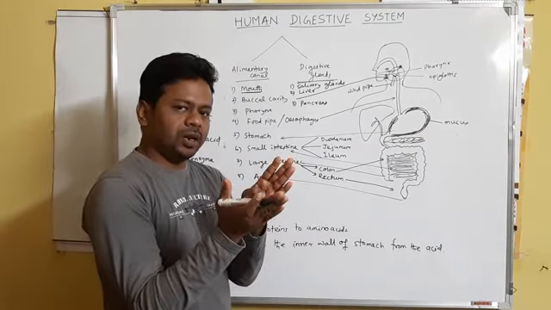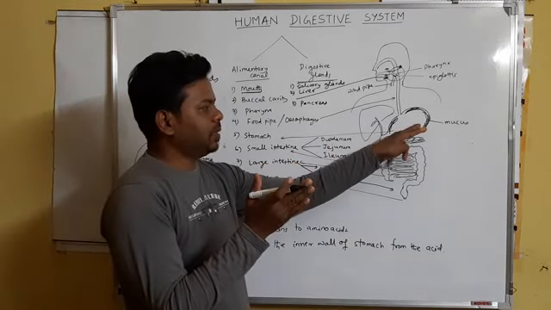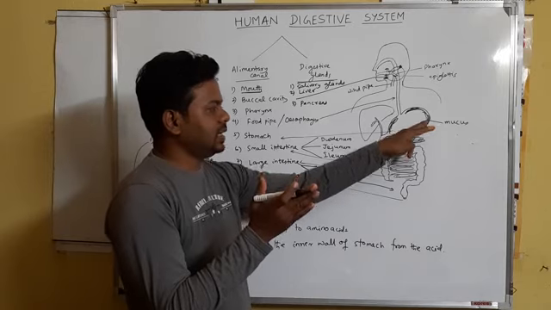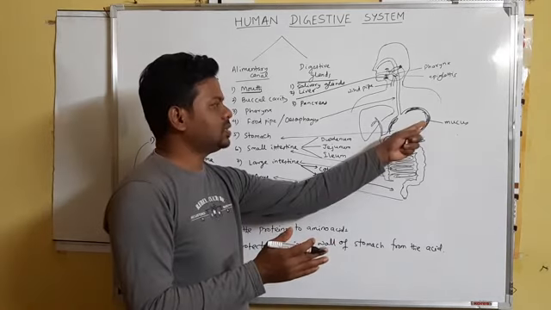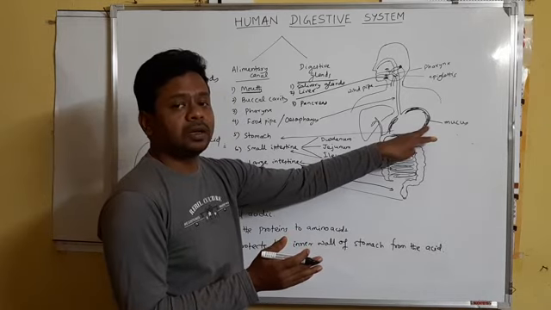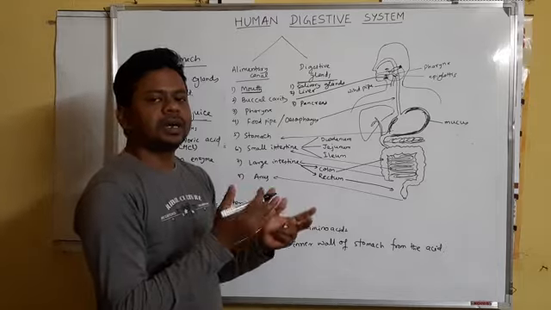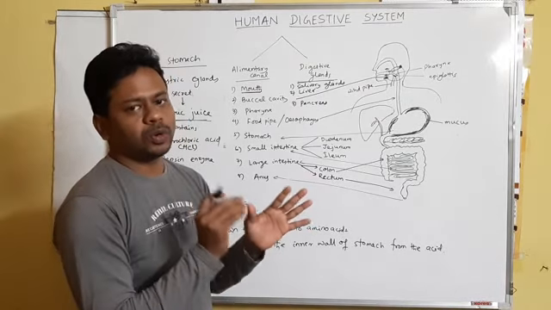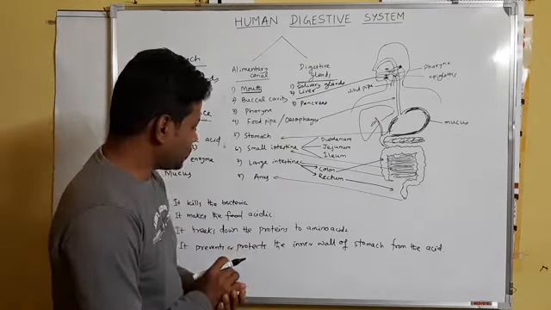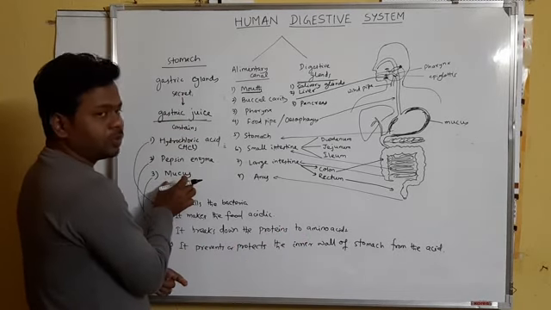Between the wall of the stomach and the HCl acid, there is mucus. So mucus does not allow the acid to touch the wall of the stomach. That is why the HCl cannot burn or corrode the wall. This is the work of mucus.